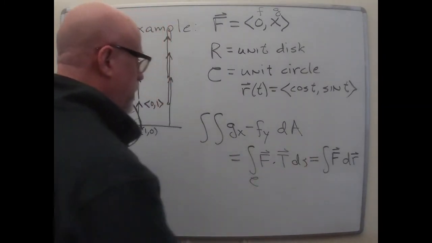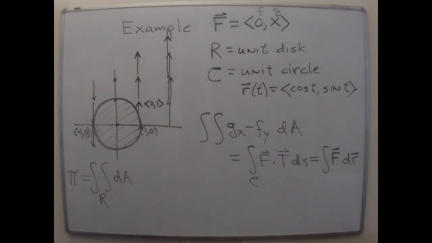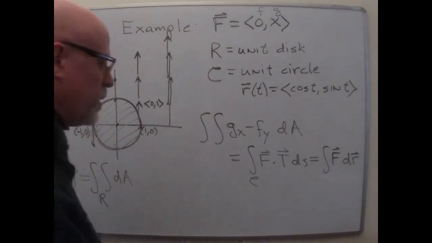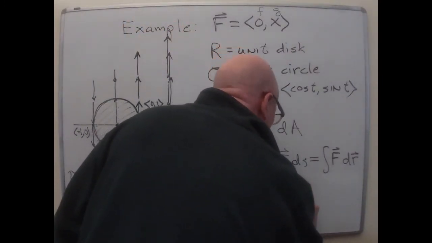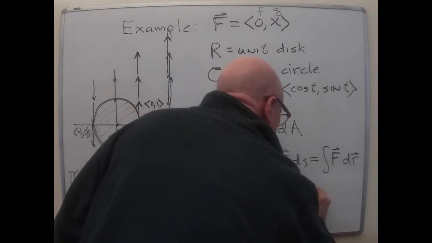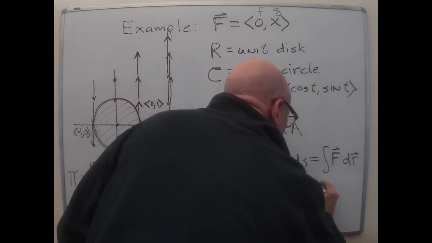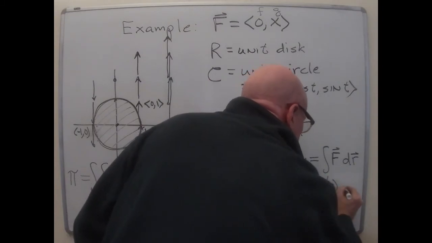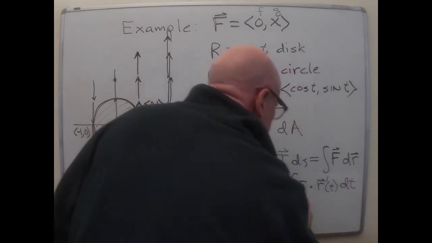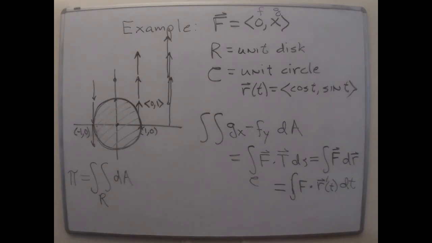And remember they cancel? We did that in the last worksheet. So another way to write that is the integral of f times r prime dt. And that's the one we're probably going to want to use for calculation purposes.